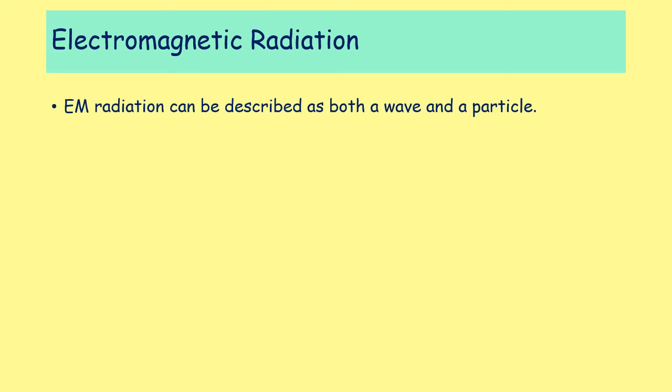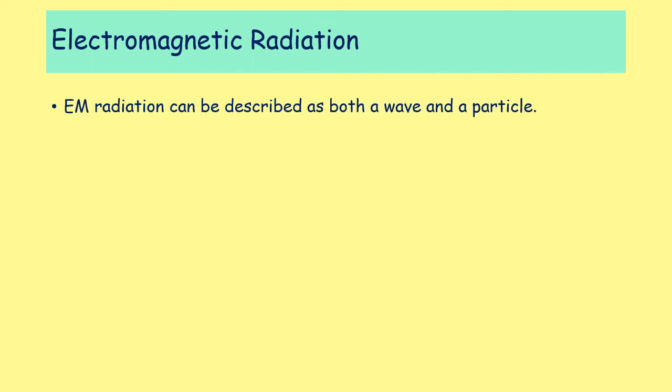Now, in a confusing fashion, we've got a terminology to describe electromagnetic radiation as wave-particle duality. This means that even though we are used to light being a wave, we can also imagine it as a particle.